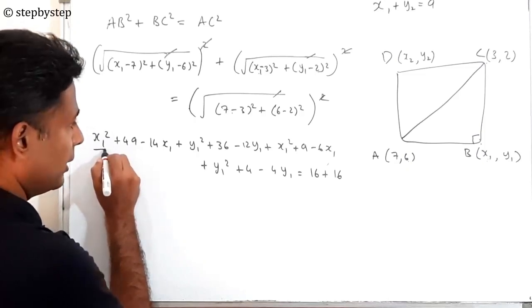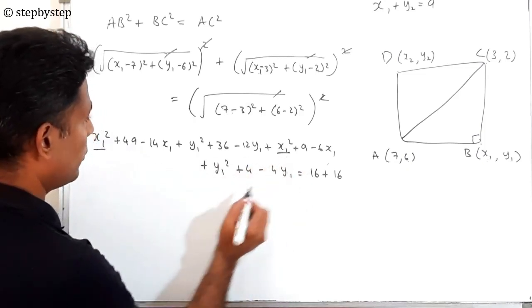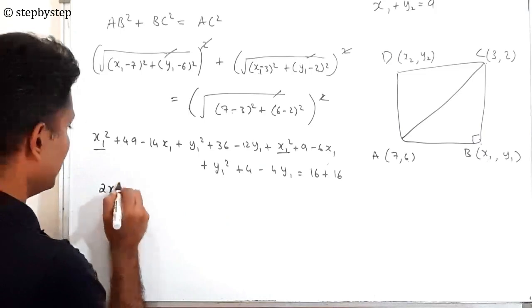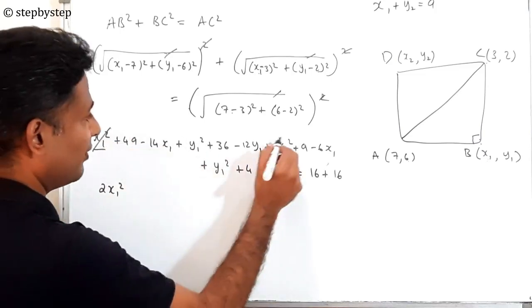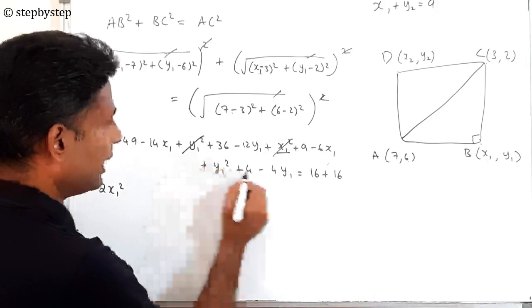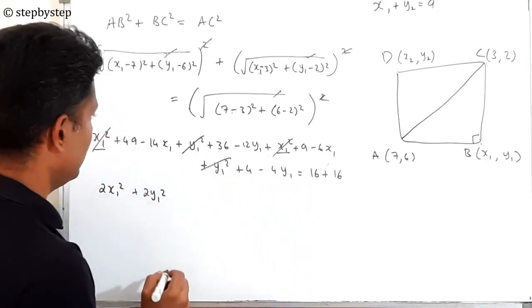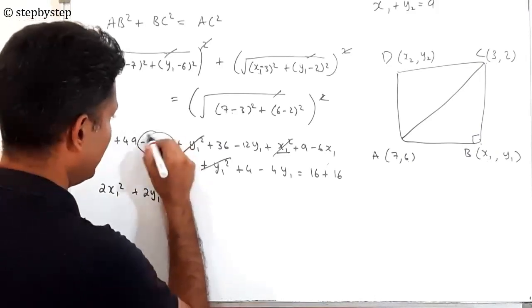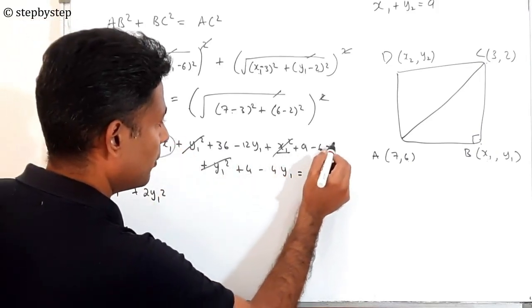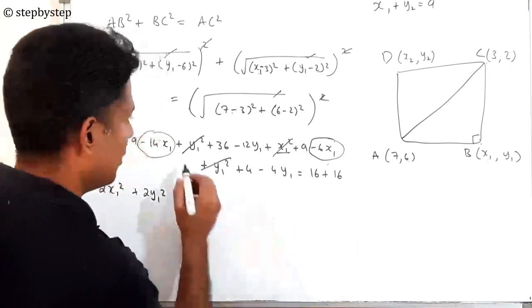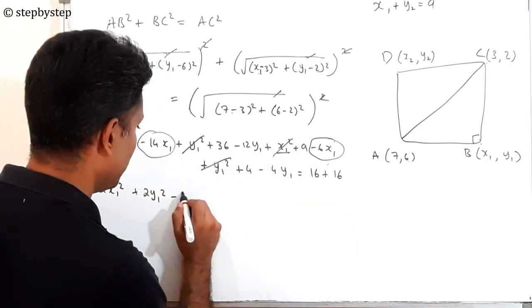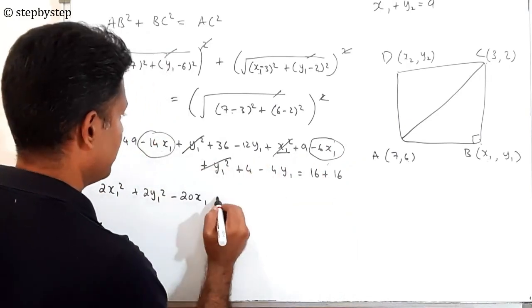So now what do we get? x1 square plus x1 square, we get 2x1 square. Then y1 square plus y1 square, we get plus 2y1 square. Now minus 14x1 minus 6x1, minus 20x1.